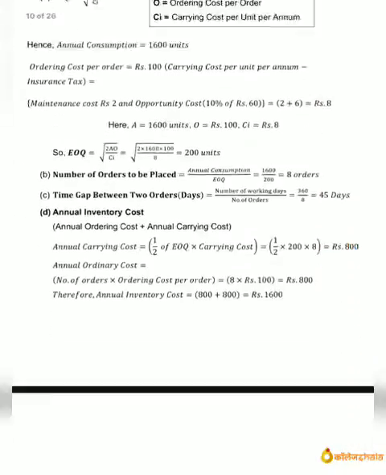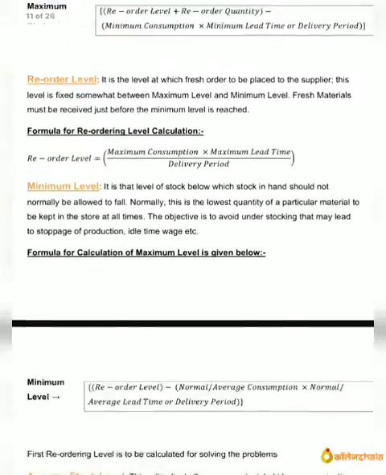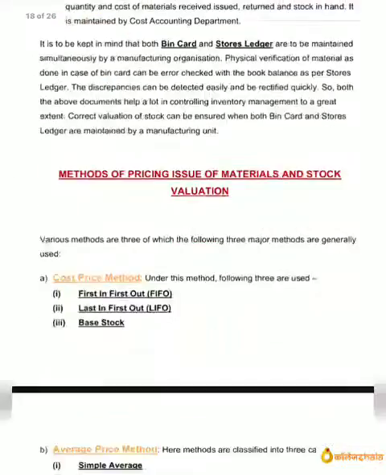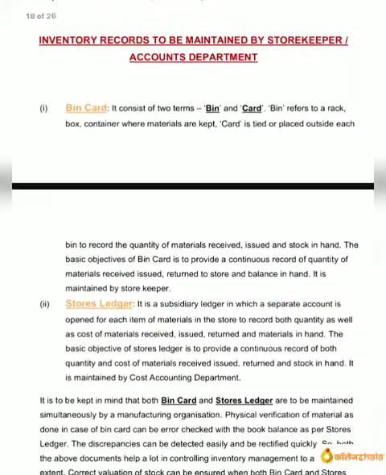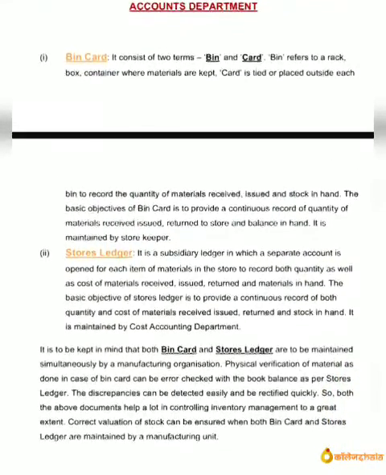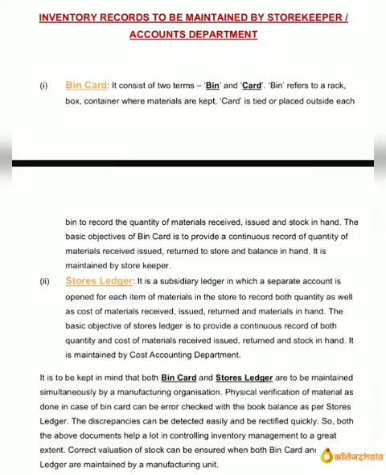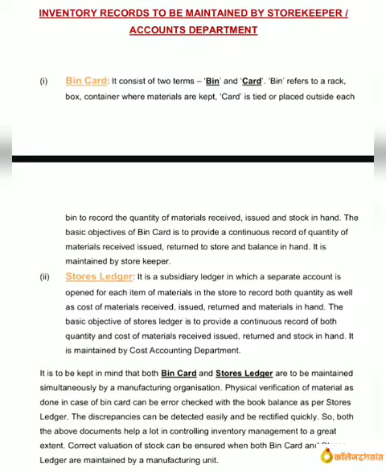Now we are coming to the two important inventory records to be maintained by the storekeeper as well as the accounts department. Number one, bin card. It consists of two terms, bin and card. Bin means rack, box, containers, etc., where materials are kept after receiving the goods from the supplier.